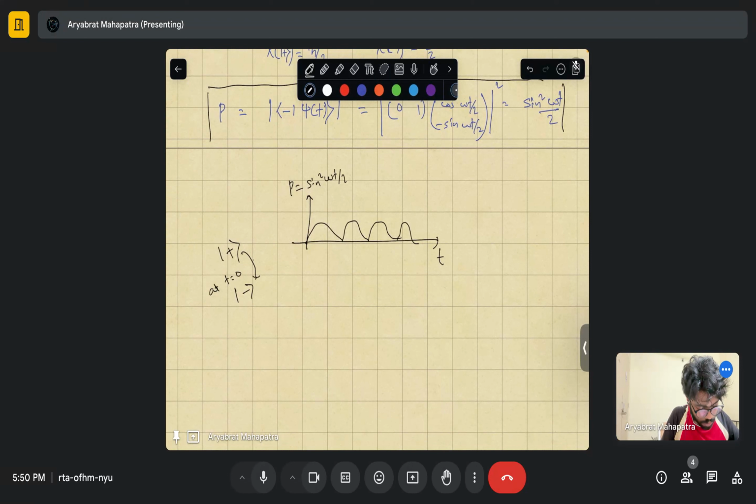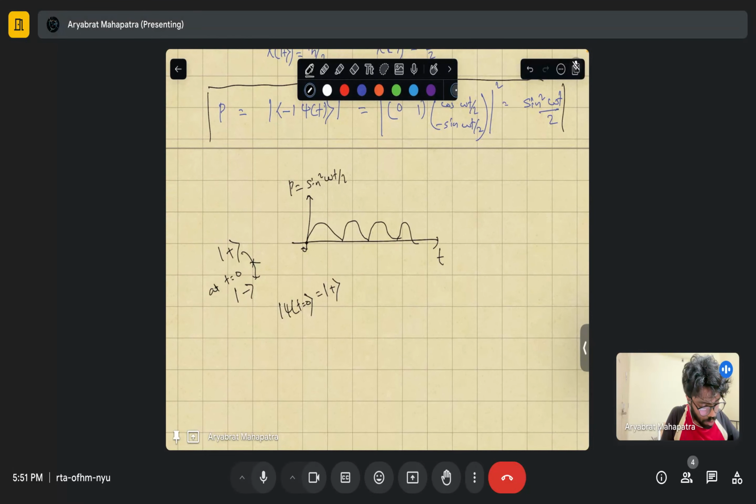So the probability of getting minus at t equal to 0 is 0.